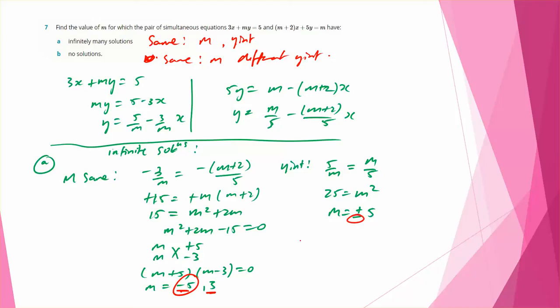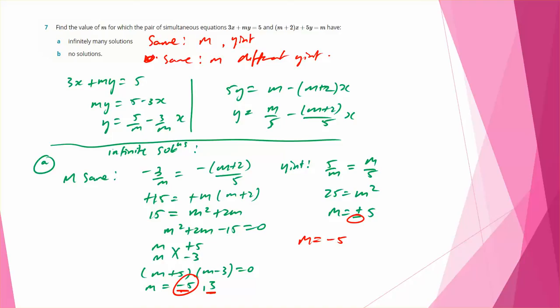So in order for the simultaneous equations to have infinitely many solutions, m has to equal -5. Because if you choose m equals 3, they don't share the same y-intercept. Similarly, if m equals +5, it can't share the same gradient. So m equals -5 is the common value.